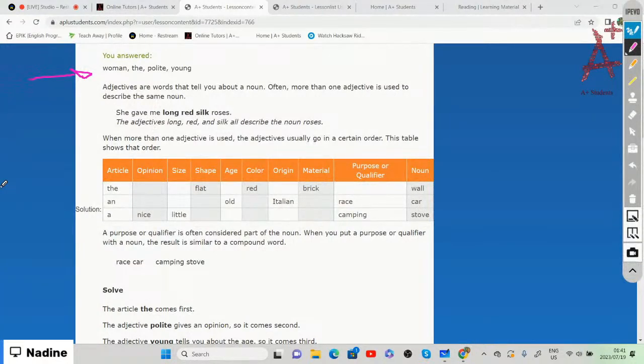If we put it in order, we start with the, then polite, young, woman. That is one of the orders: the polite young woman.